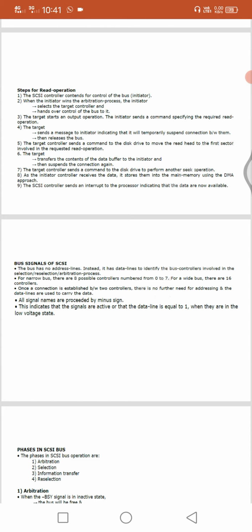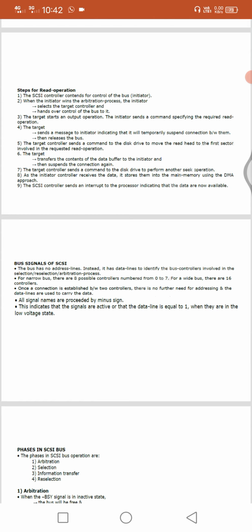For a wide bus there are 16 controllers. Once a connection is established between two controllers, there is no further need for addressing. Then data lines are used to carry the data.